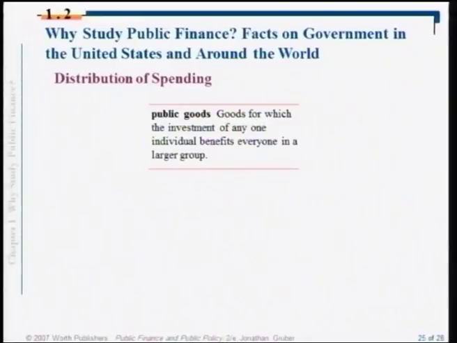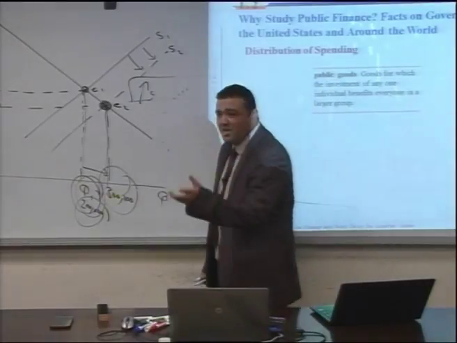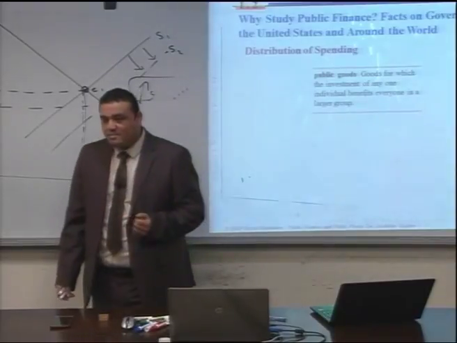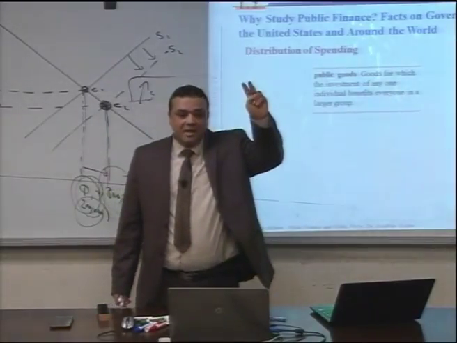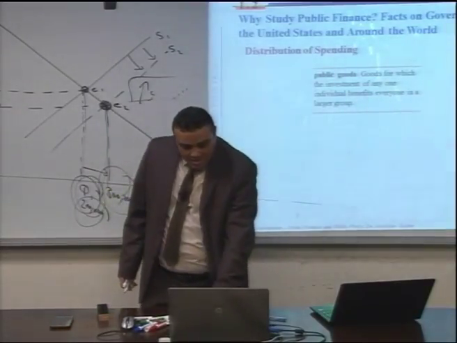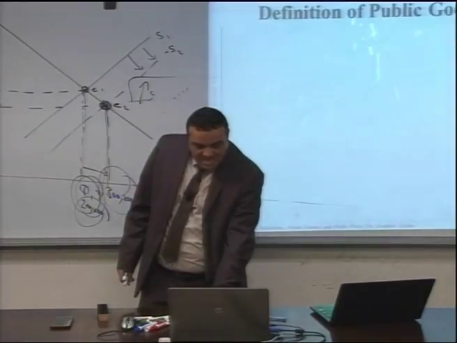How can we know that, or who can give me an example of a public good or public service? National defense, for example. We have two criteria to say that this good is a public good.